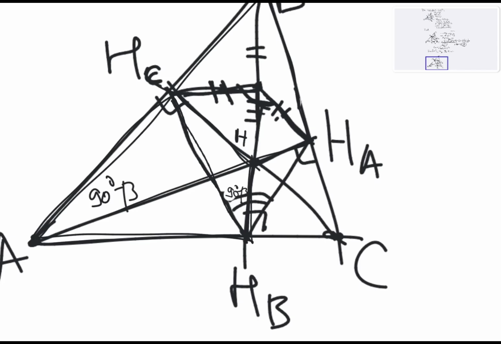HCHBH. So let me show it. So this angle is equal to this angle, highlighted with blue. So now similarly we have this angle is equal to this angle, and both of them are also actually equal to 90 degrees minus beta, so I can select it with the same color.